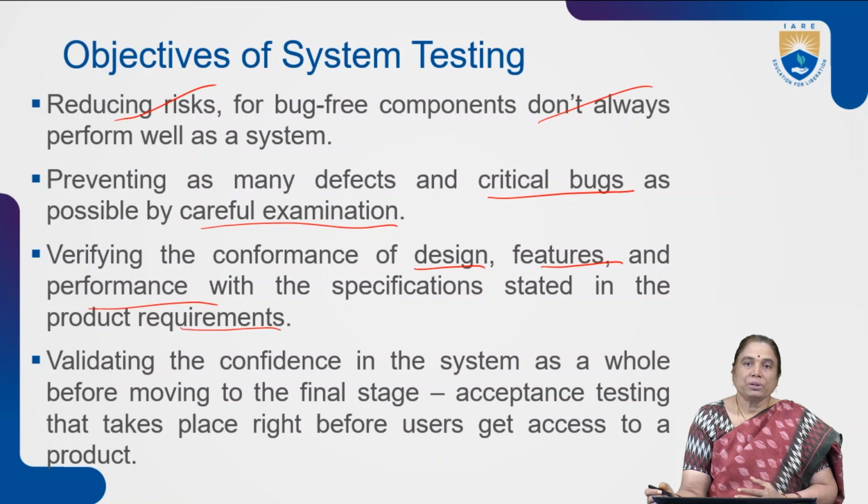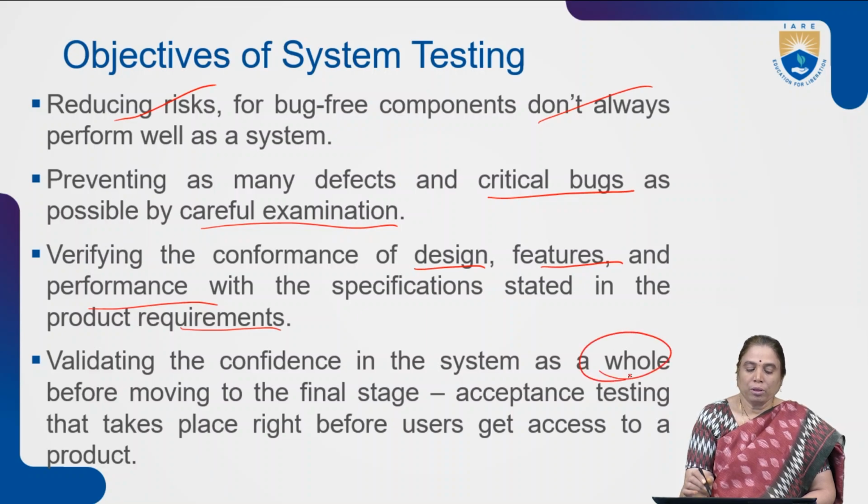So, the non-functional requirements of the software can also be considered in system testing. So, validating the confidence in the system as a whole before it moves to the final stage. Acceptance tests can take place right before users get access to the product.